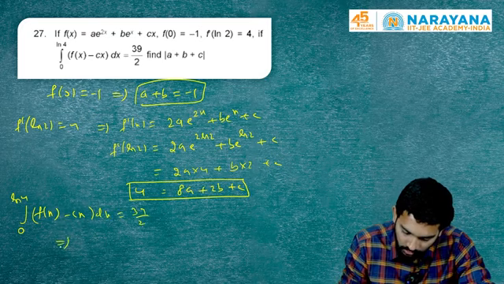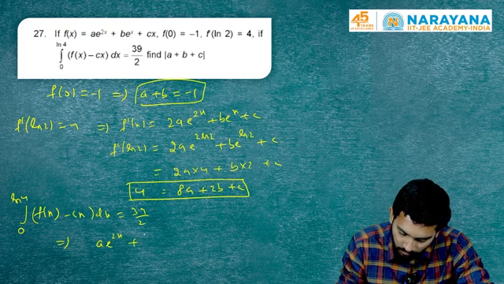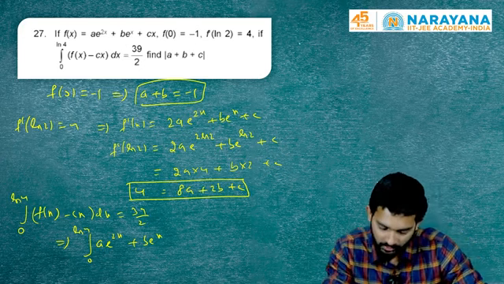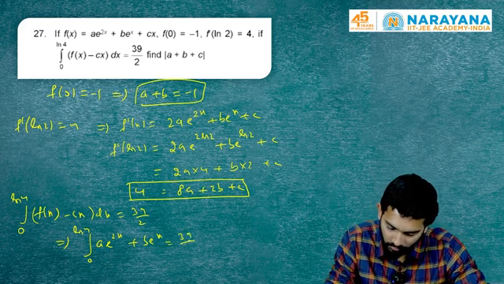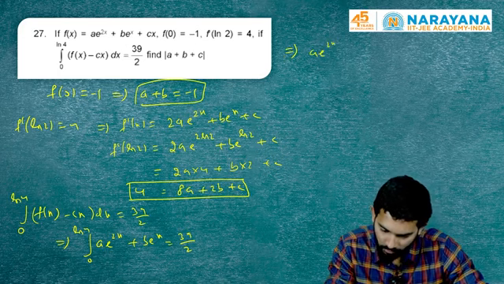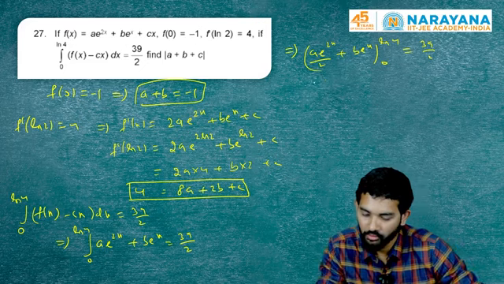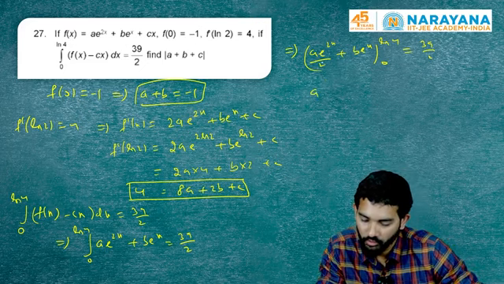by 2. So this implies f of x minus cx will be a e power 2x plus b e power x, integral 0 to ln 4. So if I integrate, this is equal to 39 by 2. So this implies if I integrate this, a e power 2x by 2 plus b e power x from 0 to ln 4 equal to 39 by 2. So this will be e power 2 ln 4, e power ln 8.